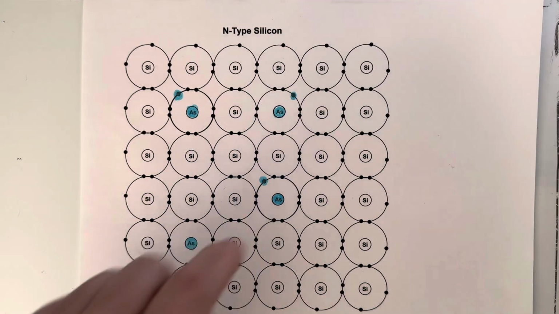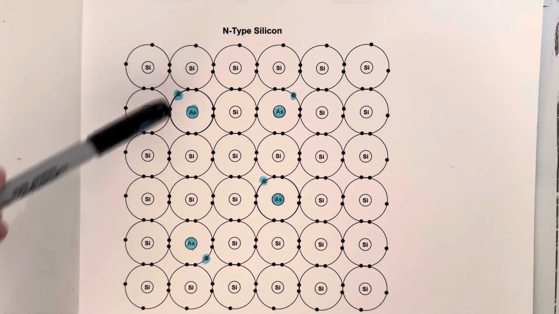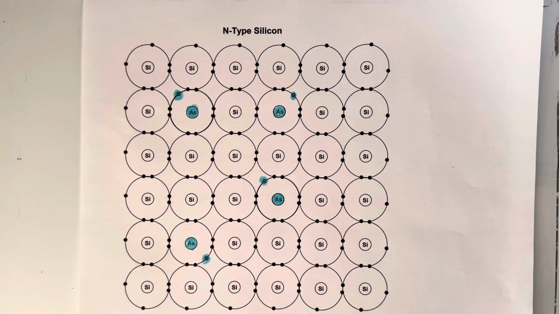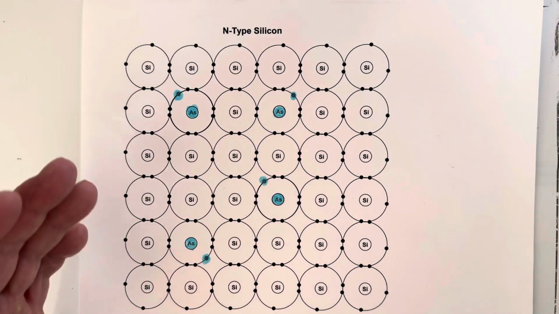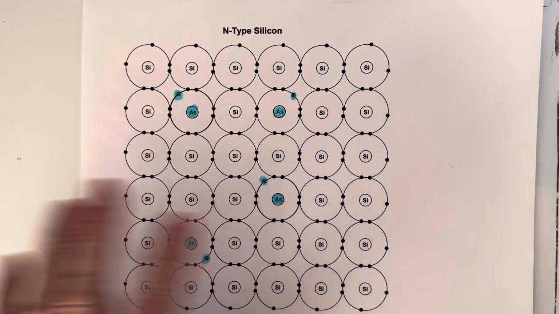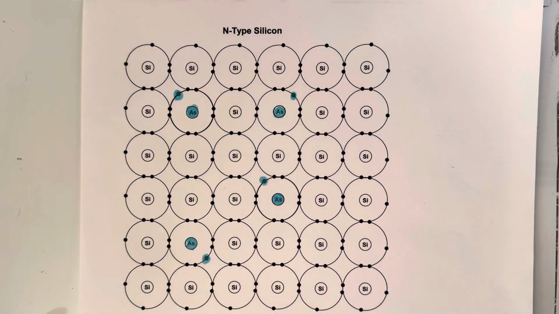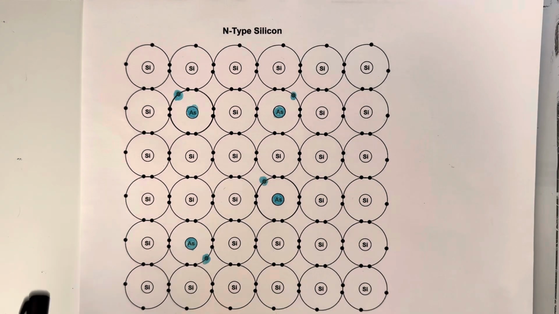All right, so everywhere that an arsenic atom has taken the place of a silicon atom in the crystal lattice, we have an extra electron, and I've marked them with blue. And these electrons are very weakly held in the crystal structure and can act as charge carriers and move through the crystal with very little potential difference across the device.